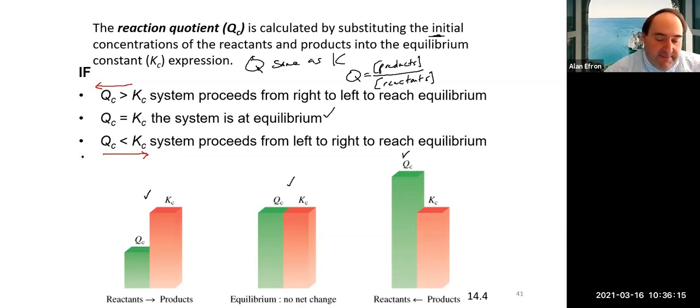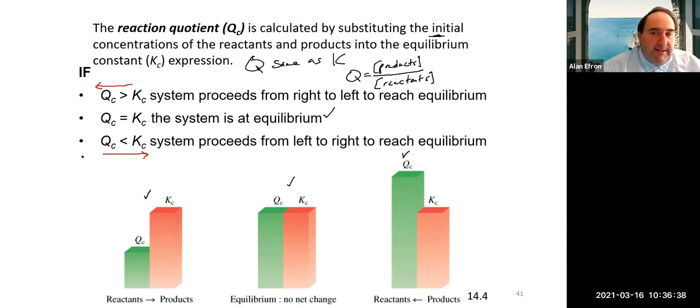So Q comes up in really two areas in equilibrium problems. One is what we're discussing now, which I refer to as a straight Q problem. Basically, they simply ask you, are you at equilibrium under these conditions? And if not, which way do you need to go to reach equilibrium?